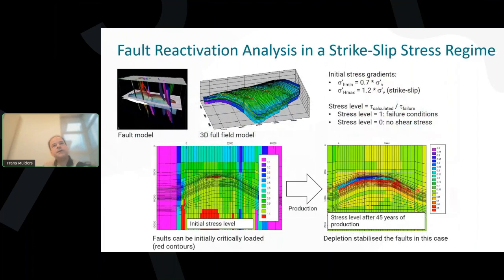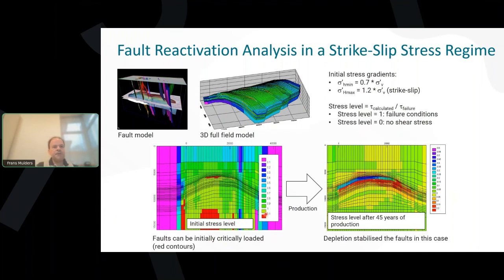If you change your stress regime, here is an example of normal faults in a strike-slip stress regime, meaning my maximum horizontal stress is now larger than the vertical stress. At initial stress conditions, really initial pore pressures, this fault is actually already at its limit.